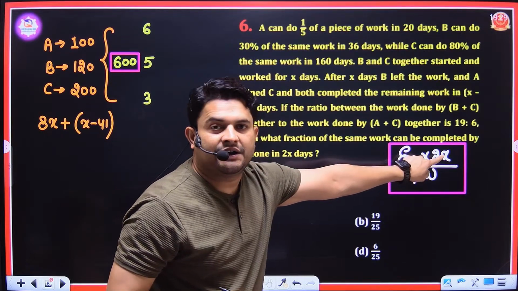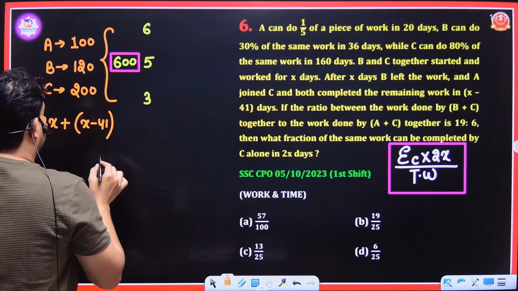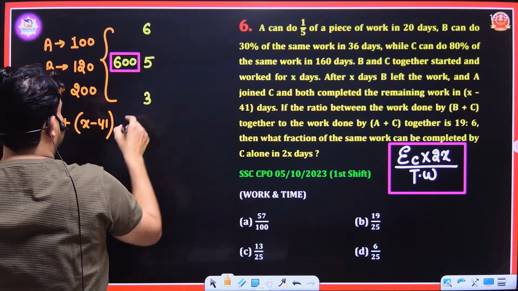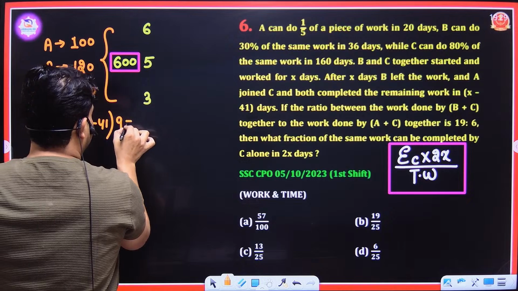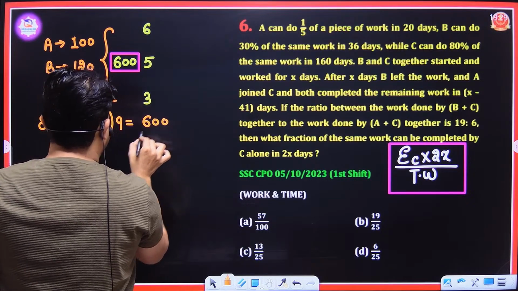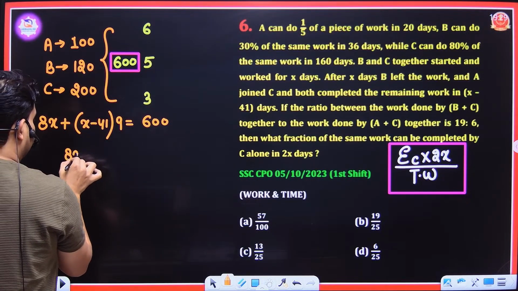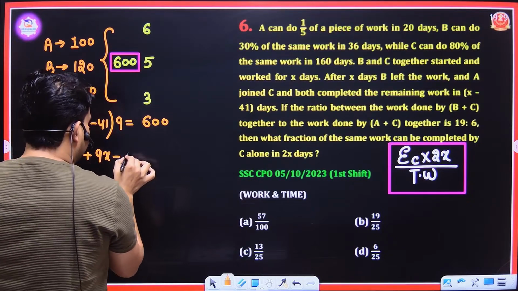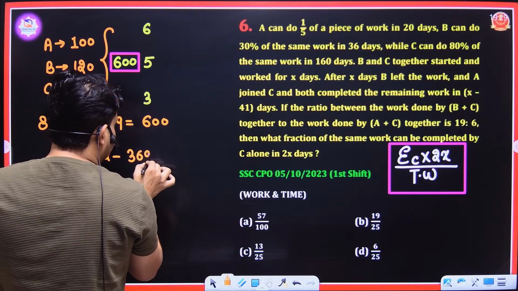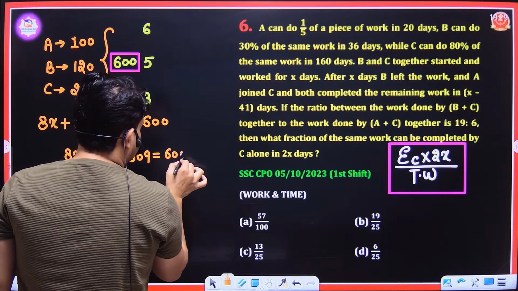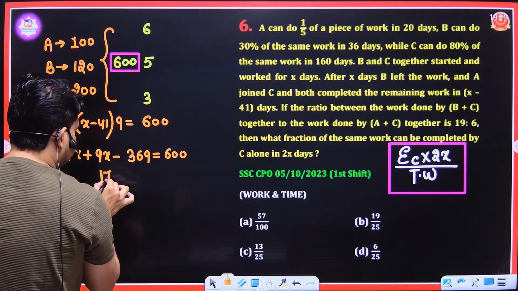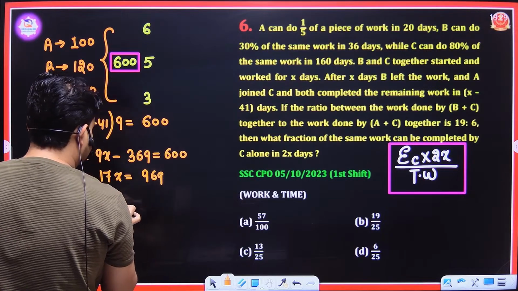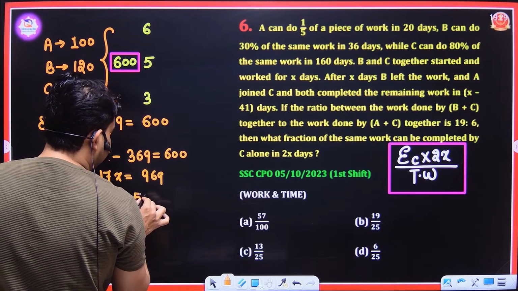Now I have to find out the value of X. This work is done by A and C, and the efficiency of A and C is 9, and the total work is 600. See, 8x plus 9 into (x minus 41), that is 9x minus 369, is equal to 600. So we have 17x is equal to 969. Then x is equal to 57.